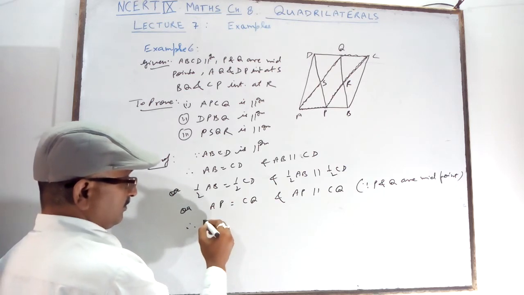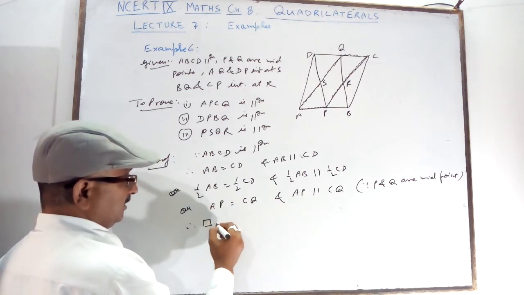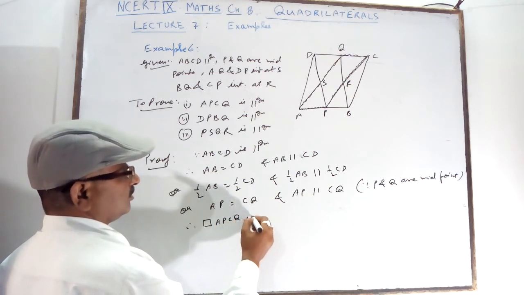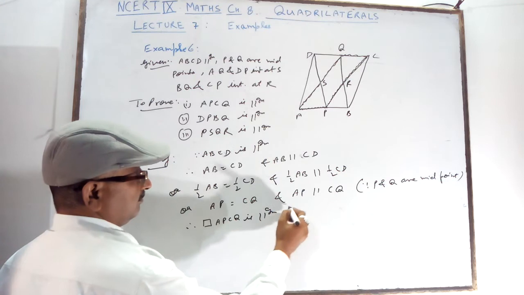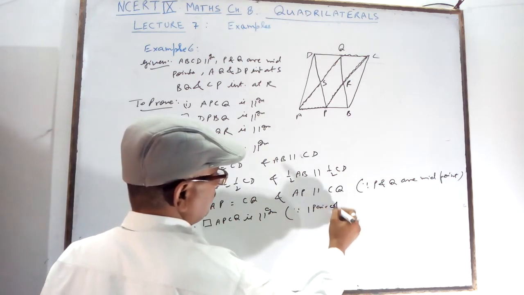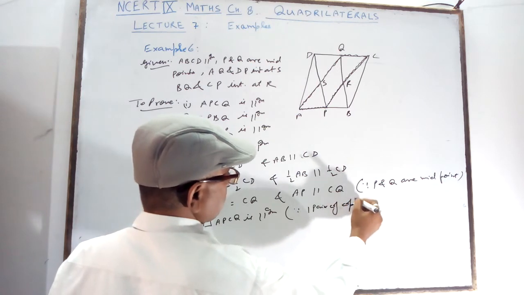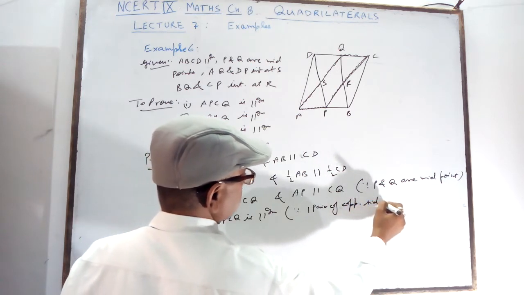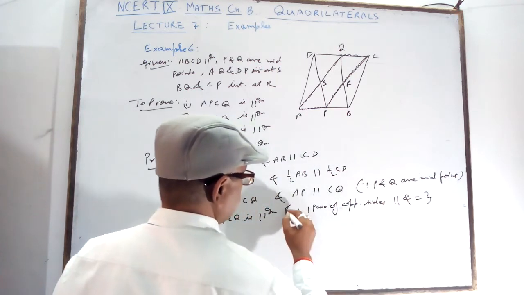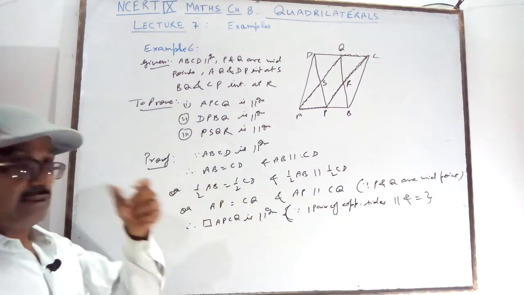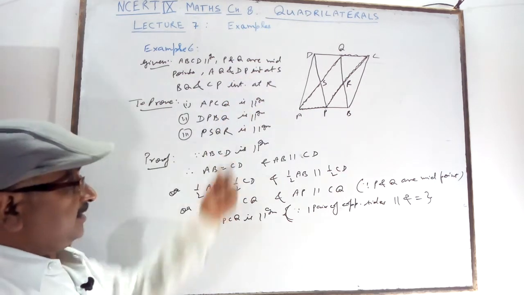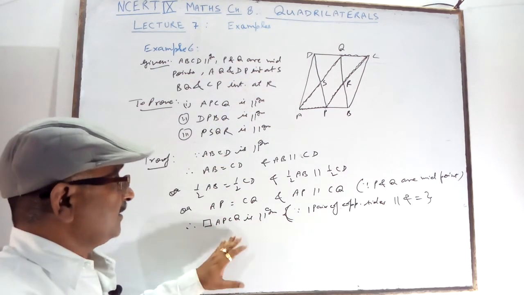Therefore quadrilateral APCQ is a parallelogram, as given in theorem 8.8: if in a quadrilateral one pair of opposite sides is parallel and equal, then it is a parallelogram.